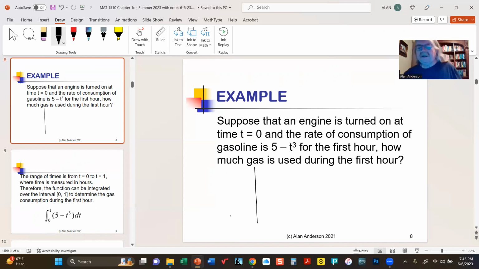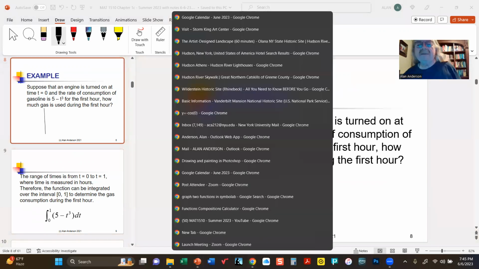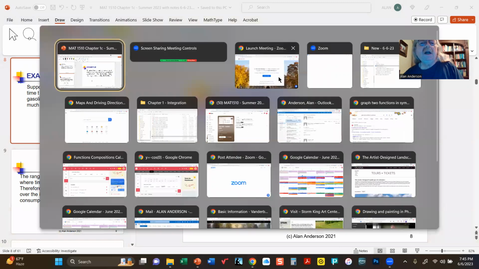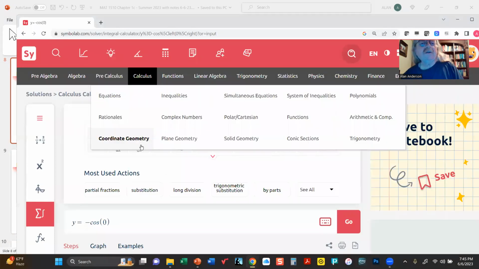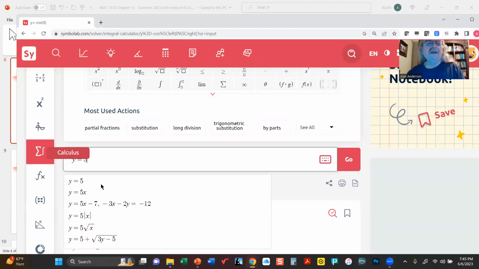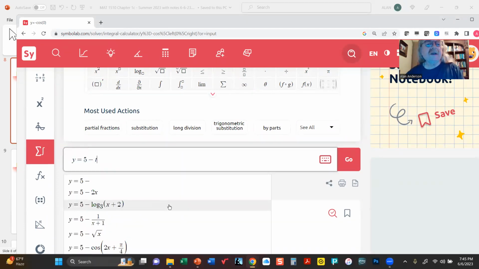I'm not sure what this function actually looks like. Why don't I see if we can get into Symbolab? 5 minus t cubed. Just out of curiosity more than anything else, you don't have to see a picture of it. But I think it helps to visualize what we're doing.